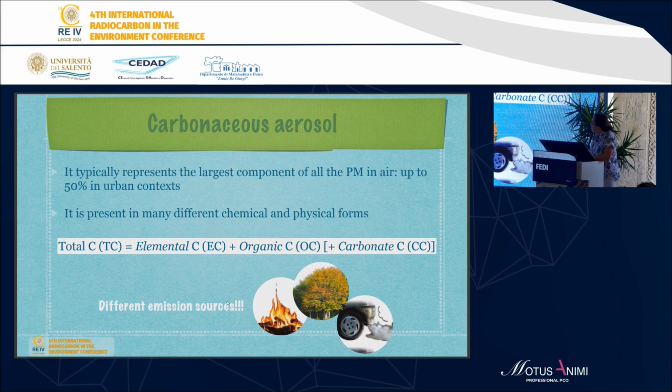Of course, it is present in many different chemical and physical forms. I'm not an organic chemist, but I know that the possibilities to arrange these three simple elements, such as carbon, oxygen, and hydrogen together, are almost infinite. And we can find all these infinite combinations in particulate matter.